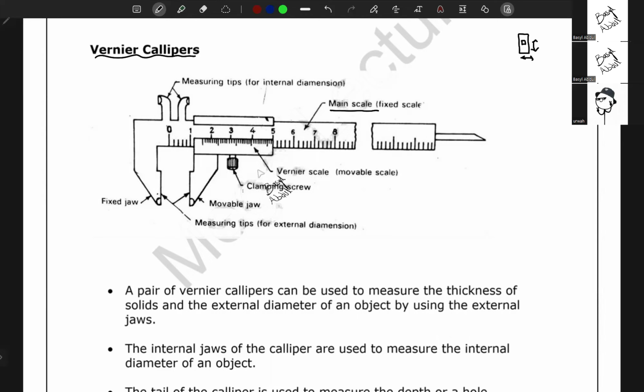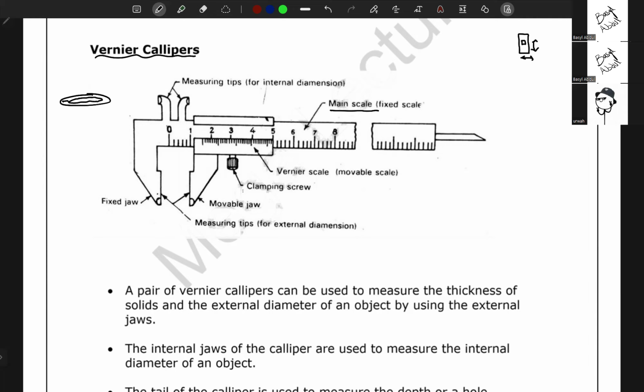Now you can use this instrument to measure both internal and external diameters. This part of the instrument is used to measure internal diameters, and this one is used to measure external diameters. So for example, consider you have a glass, something like this.